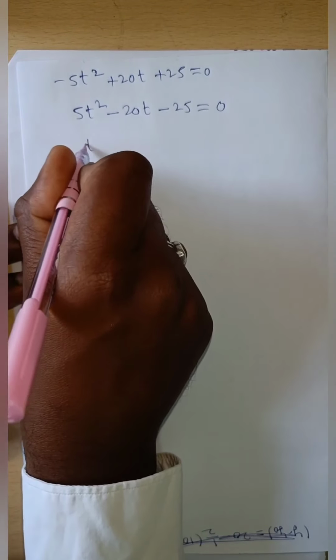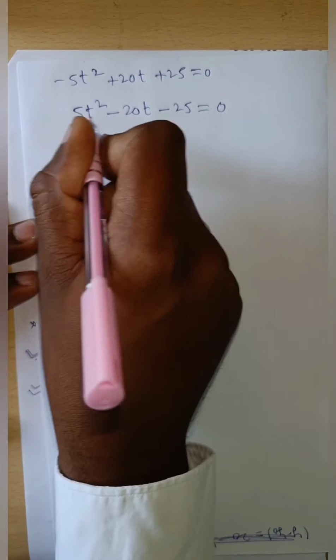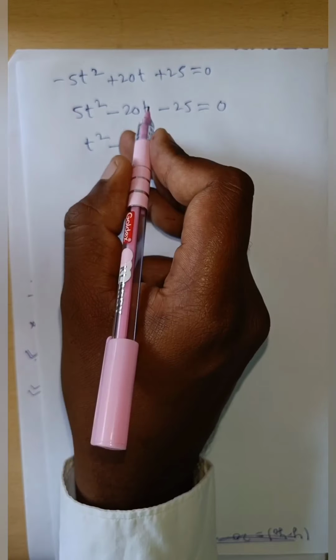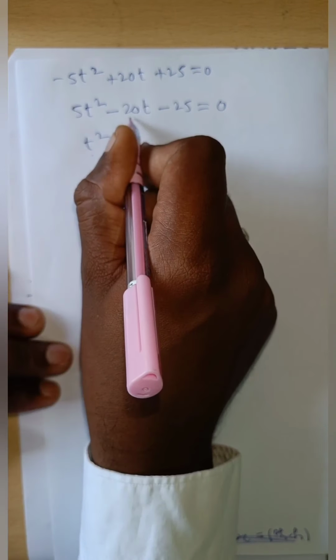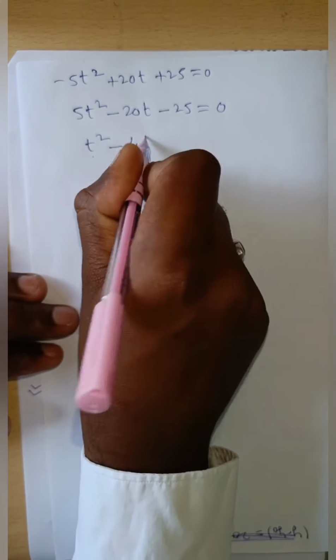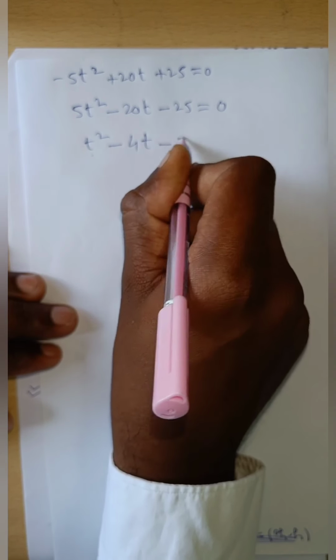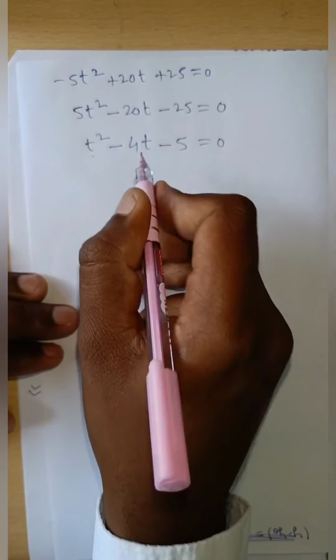Then we get t square, since 5 divided by 5 is 1, minus 4t, since 20 divided by 5 is 4, and 25 divided by 5 is 5, so minus 5, is equal to 0.